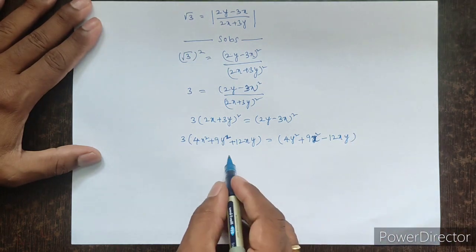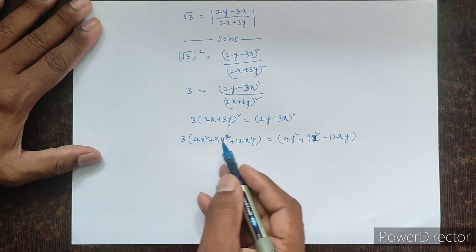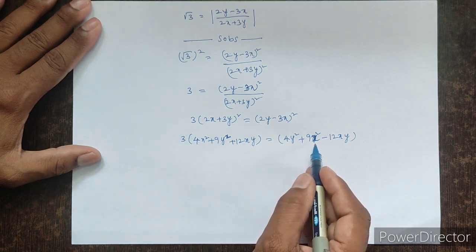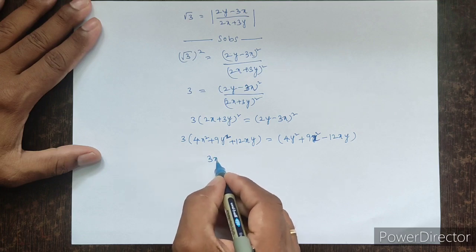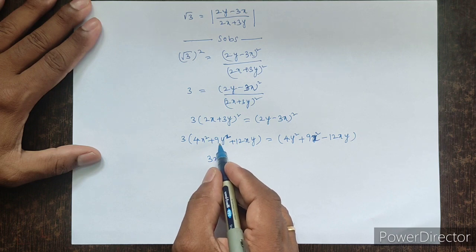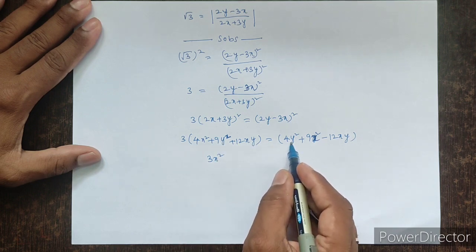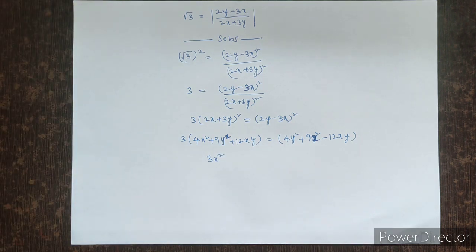So by simplifying this, 12x square minus 9x square is 3x square. 27y square minus 4y square is 23y square.